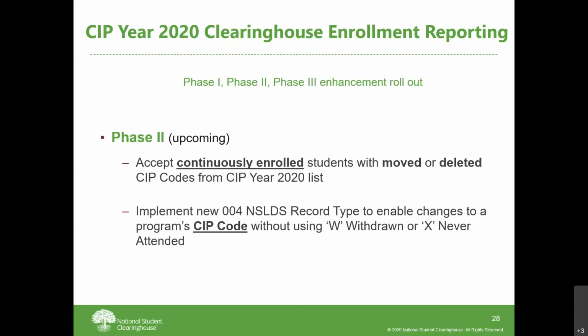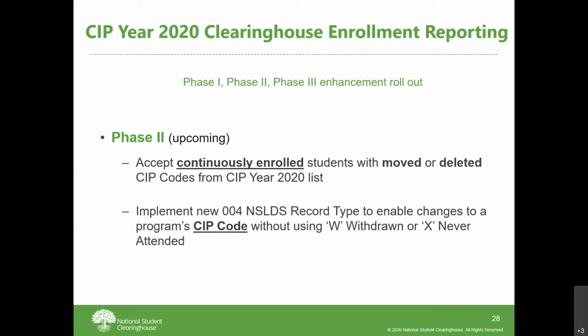When we're talking about this last bullet point here, I want to preface it with this. So currently, what you're sending to us, if you send 2010 or if you send 2020, what it looks like is you're sending us 3 parts to the enrollment record. It's a bundled record situation.